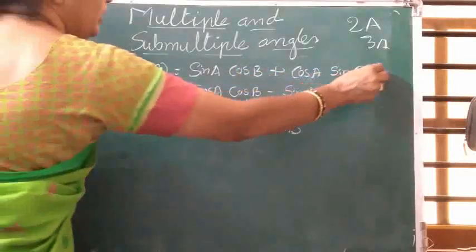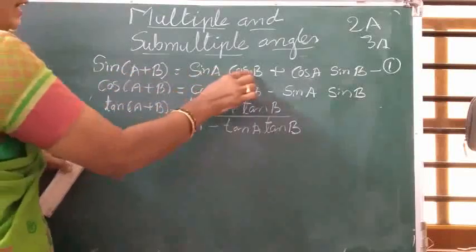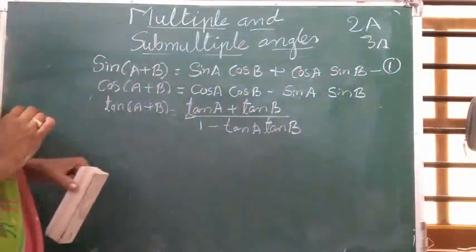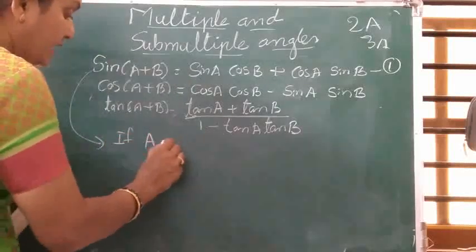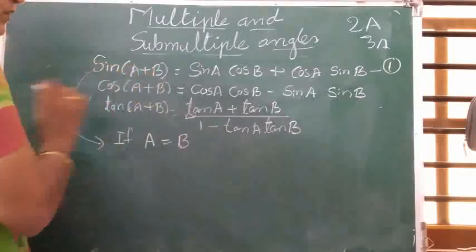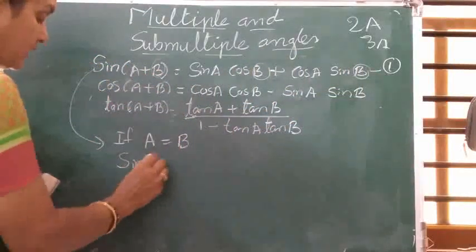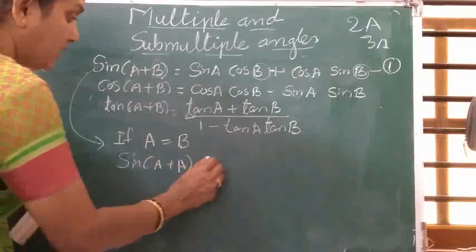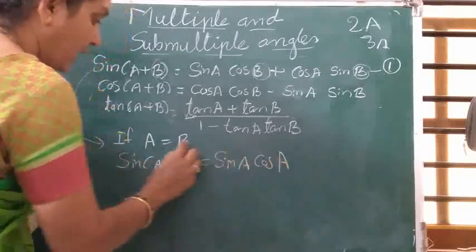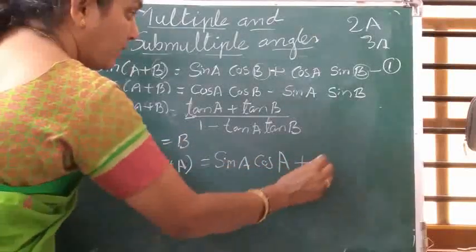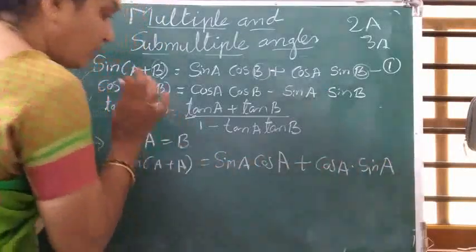Now you look at this equation. The formula is sin of a plus b is sin a into cos b plus cos a into sin b. Here, in case a is equal to b, if both the angles are same, then b is replaced by a. At that time it becomes sin of a plus a is equal to sin a into cos a, because a and b are one and the same, plus cos a into sin a.